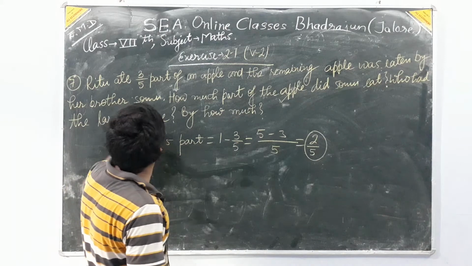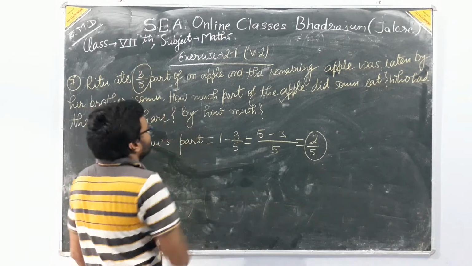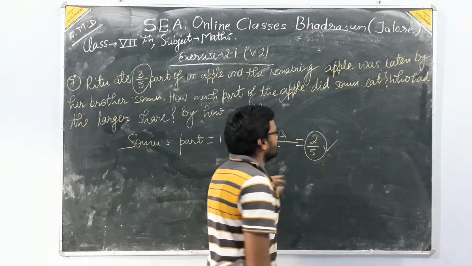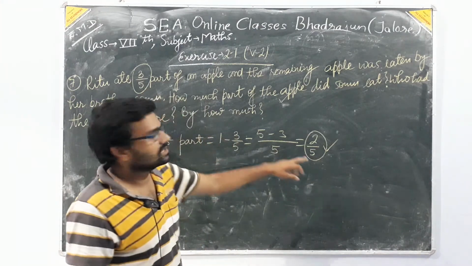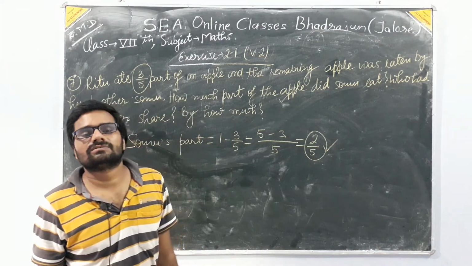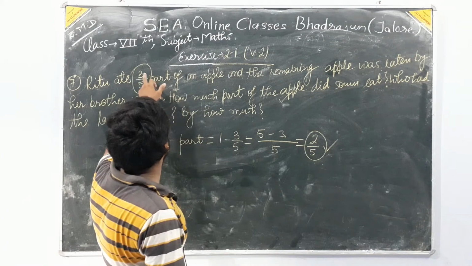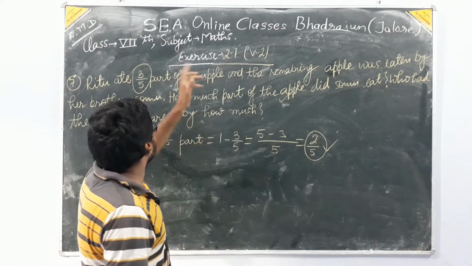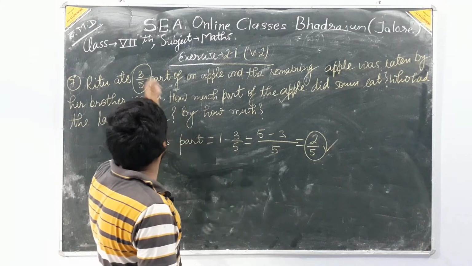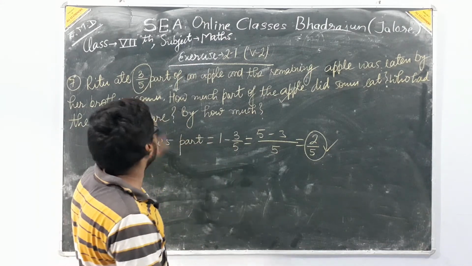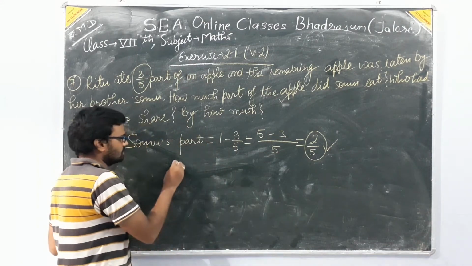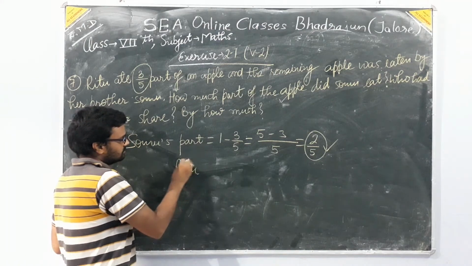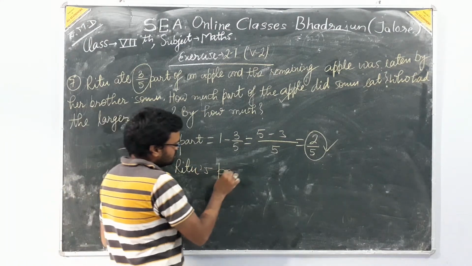Here we see Ritu's part is 3/5 and Somu's part is 2/5. When the denominator is the same, the numerator decides which one is greater. 3 is a larger number than 2, hence 3/5 is greater. So Ritu's part is greater.